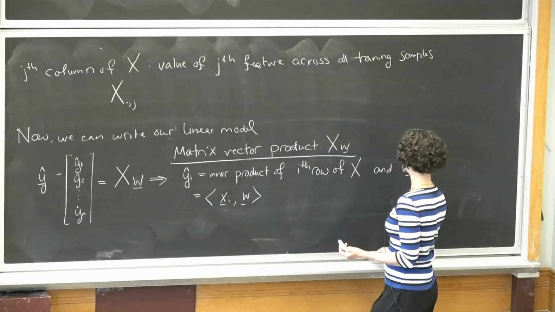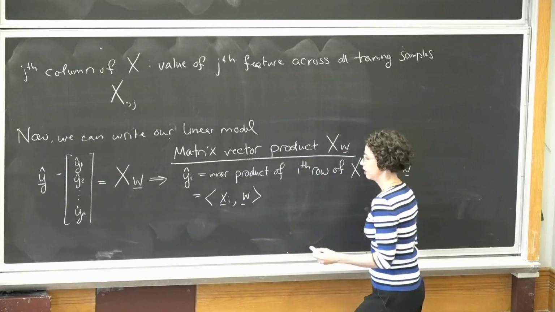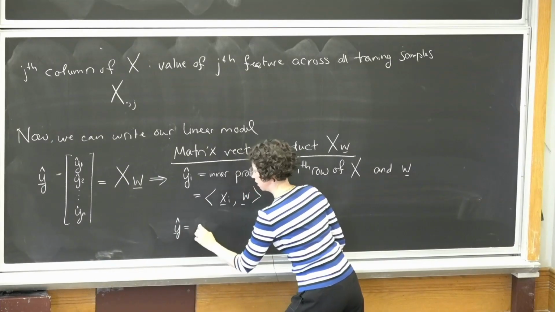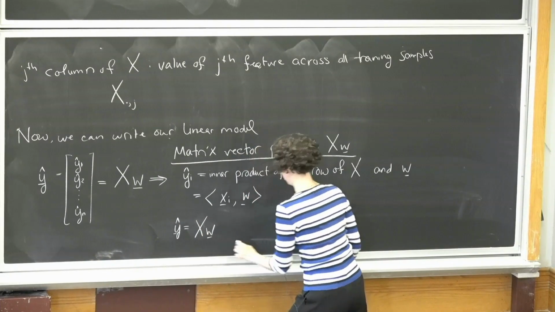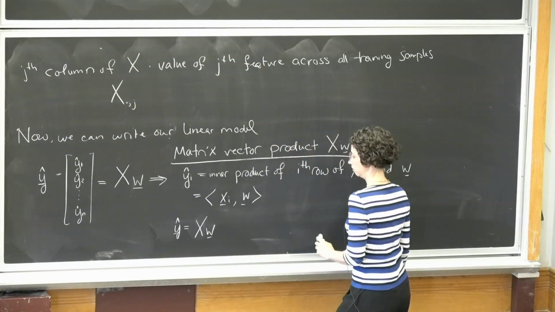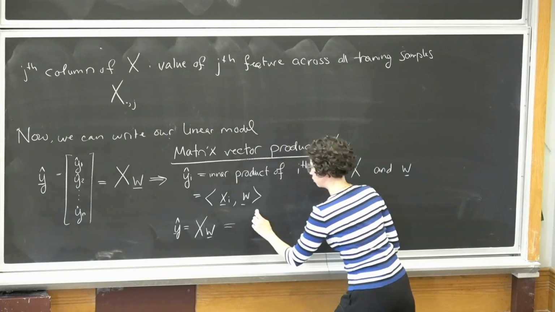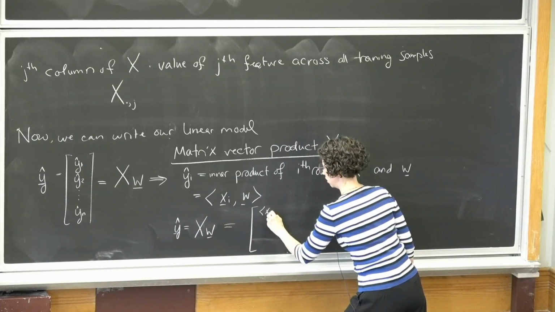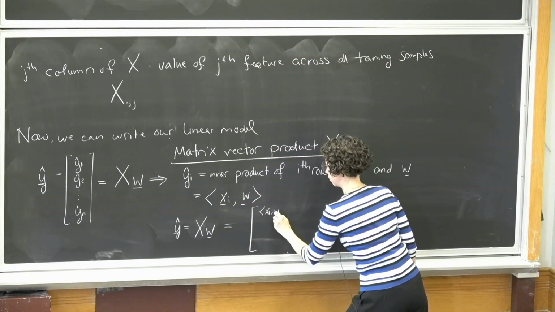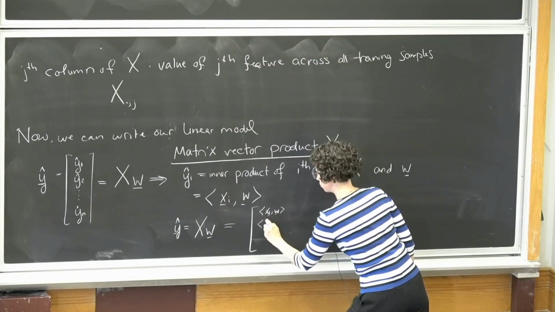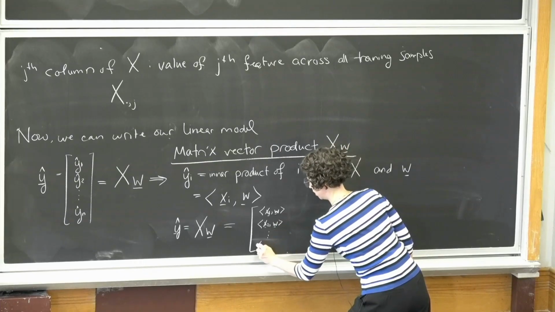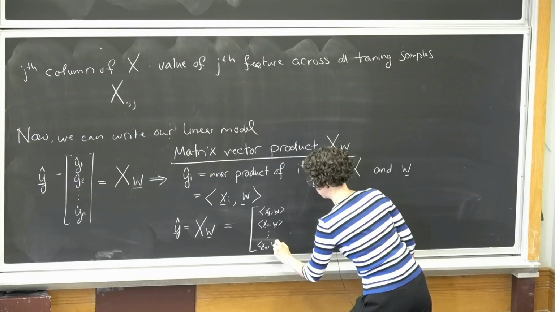So we can write then this product, y hat, which is the product of x and w, as being equal to this vector, where the first row is the inner product of x1 and w, and the second entry is x2 inner product with w, all the way to the nth entry where we have xn inner product with w.